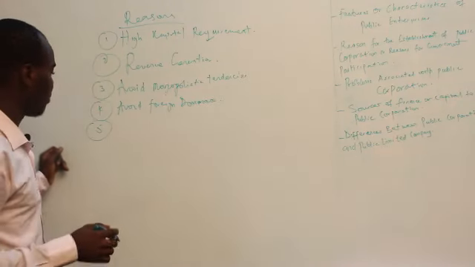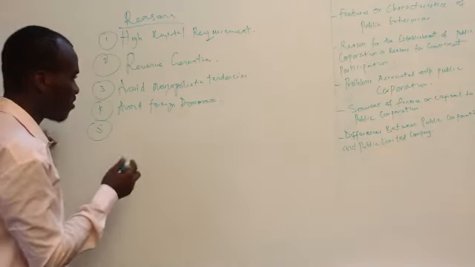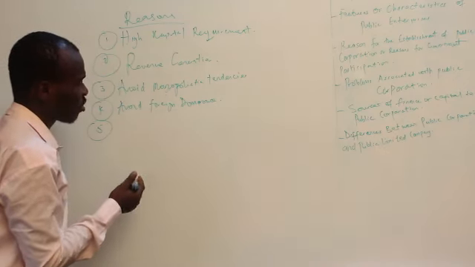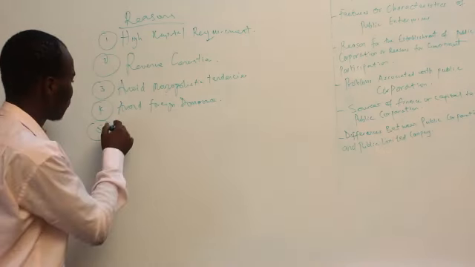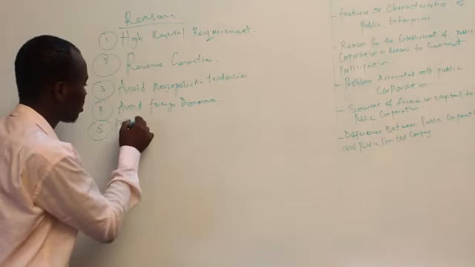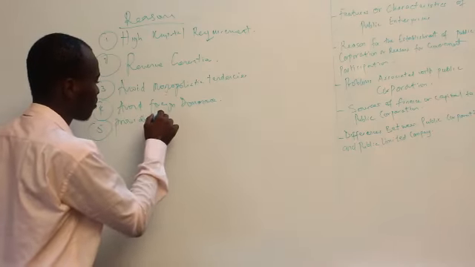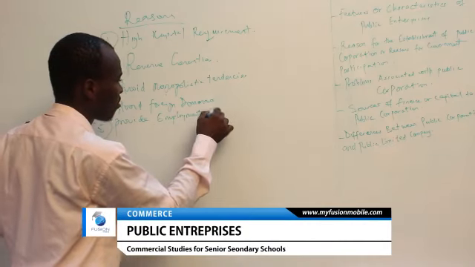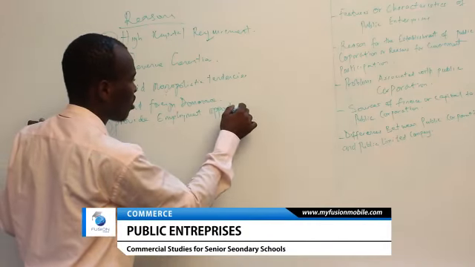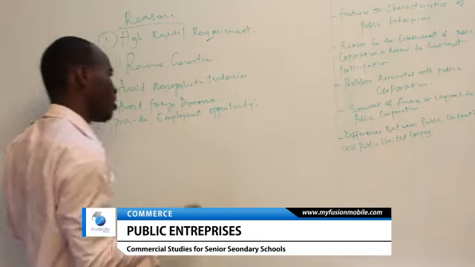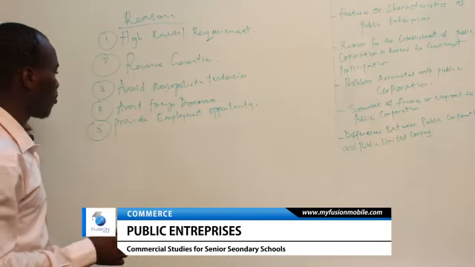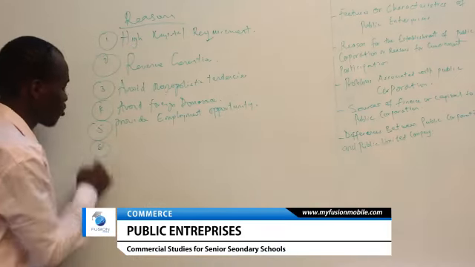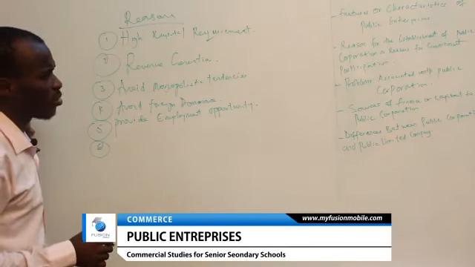And number five, one of the reasons why government will also take over public corporations is to provide employment opportunity for the people. And number six, why will government take over the public corporation?